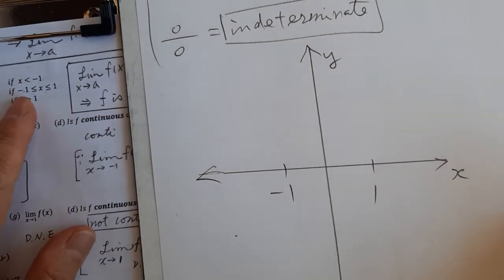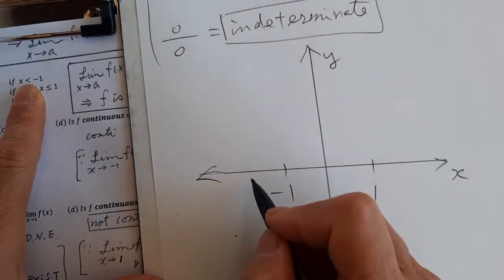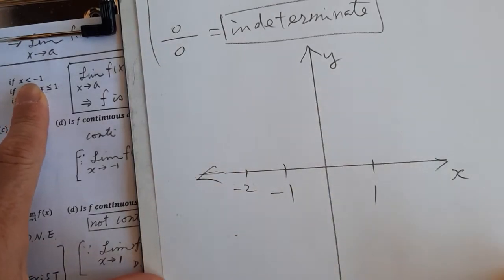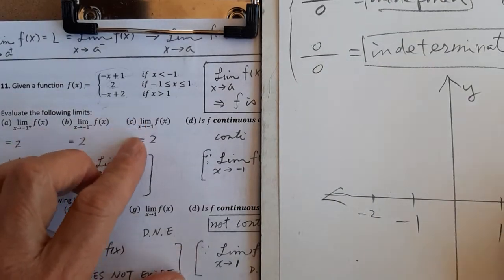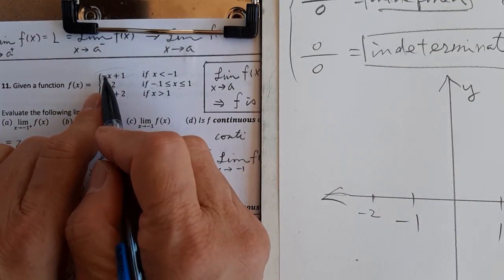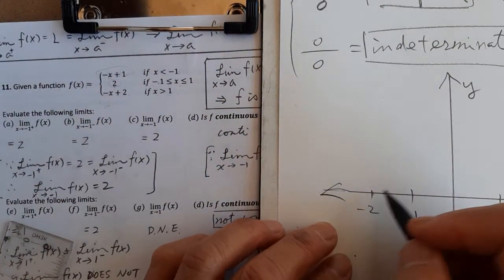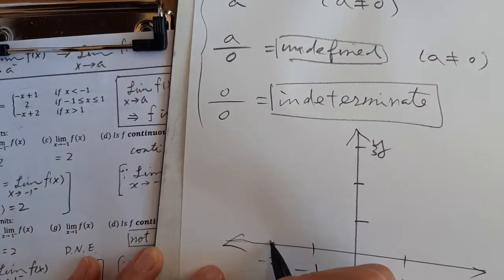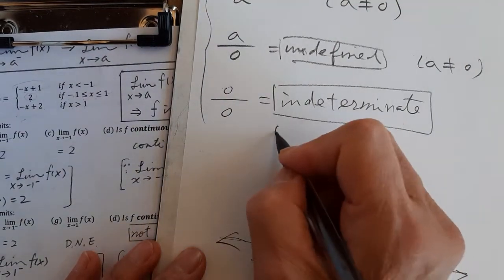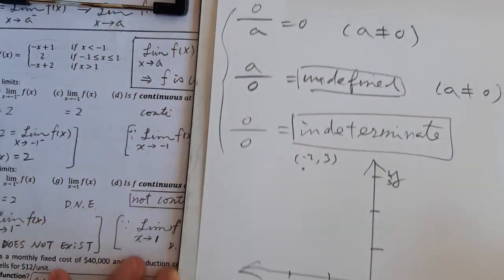Now, less than -1, like -2. You plug in: -2 times negative is 2, 2 add 1 is 3. So when x is -2, it's 3.